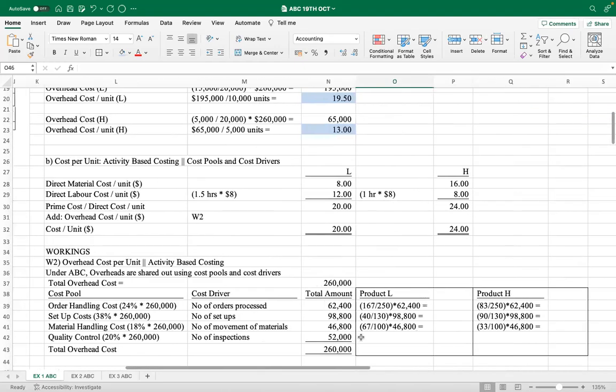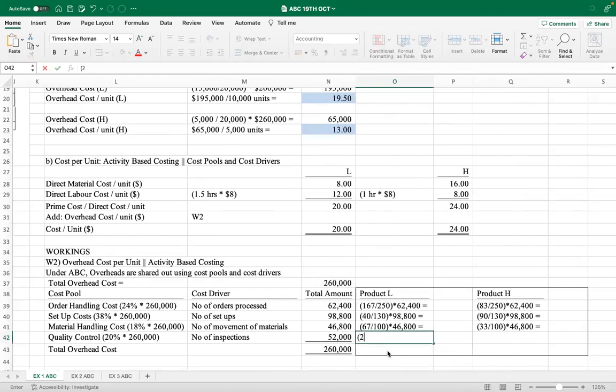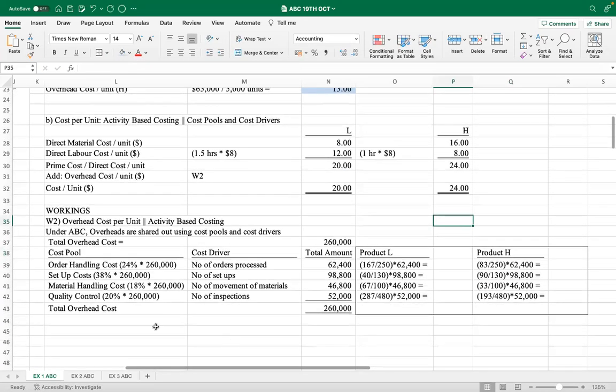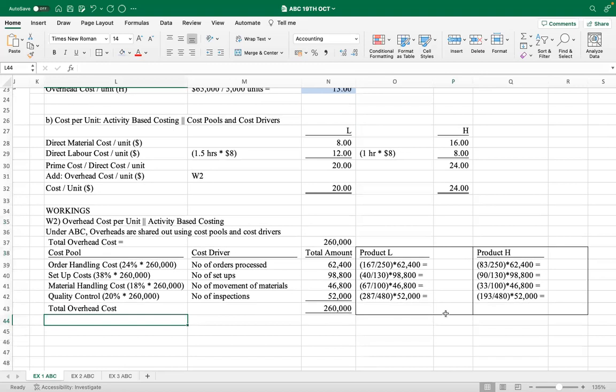So 287 over 480 times 52,000, and 193 over 480 times 52,000. So we have that, and then of course we'll have our totals.